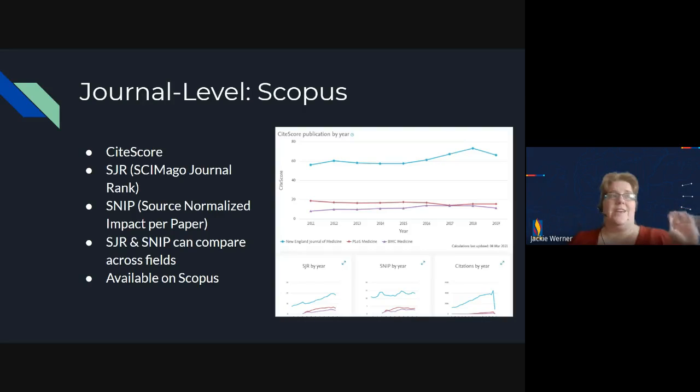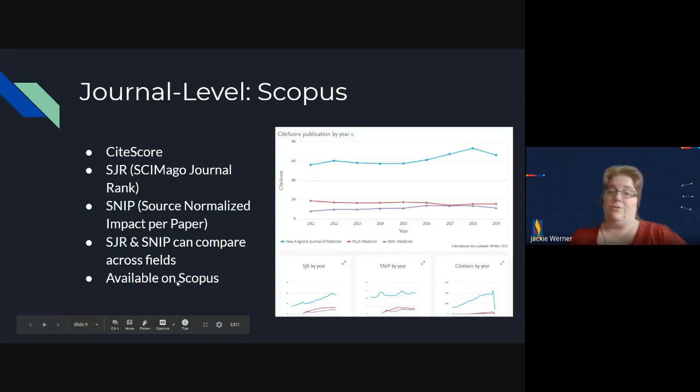As an example, we'll say general surgery does not cite other papers too much, while in infectious diseases you're going to have a list of 100 citations per paper. So if you publish a general surgery paper and you get 2 citations, that's going to be ranked higher because it means more to have citations in the field where they cite less. And with SJR and SNIP, you can compare journals across fields.